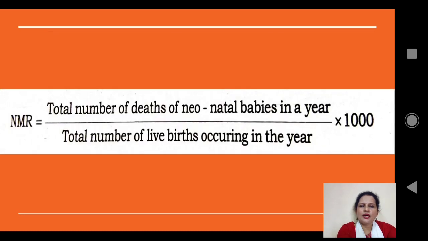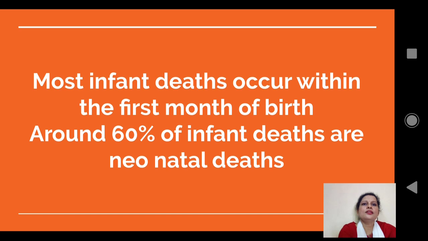The formula: neonatal mortality rate, NMR, is equal to total number of deaths of neonatal babies in a year divided by total number of live births occurring in the year into 1000. Most infant deaths occur within the first month of birth, and around 60% of infant deaths are neonatal deaths.